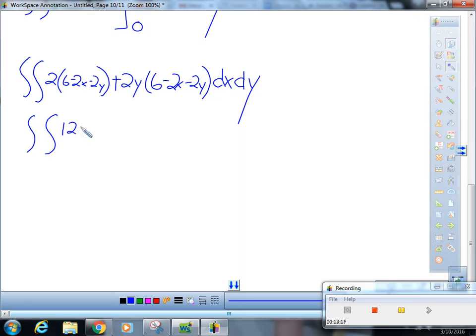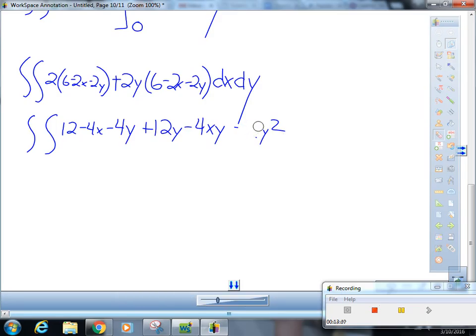12 minus 4x minus 4y plus 12y minus 4xy minus 2y squared plus 4y minus 4y squared, dx dy.